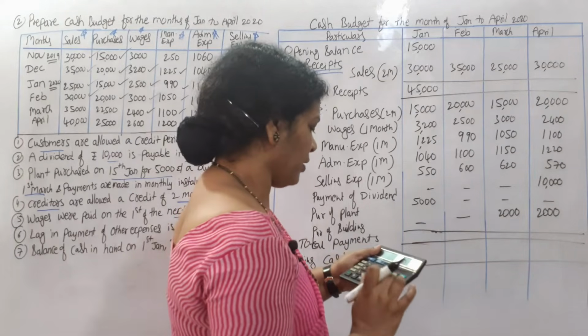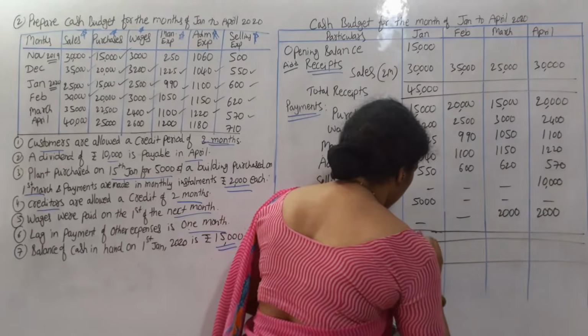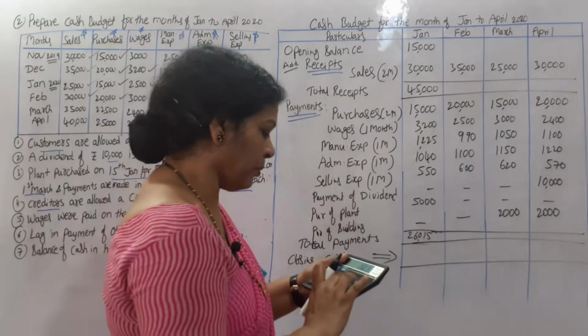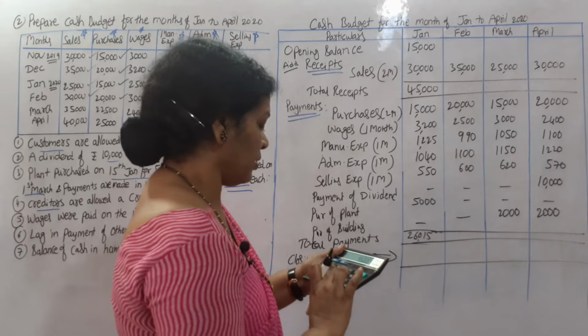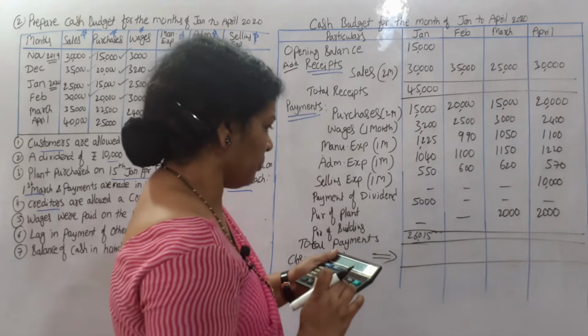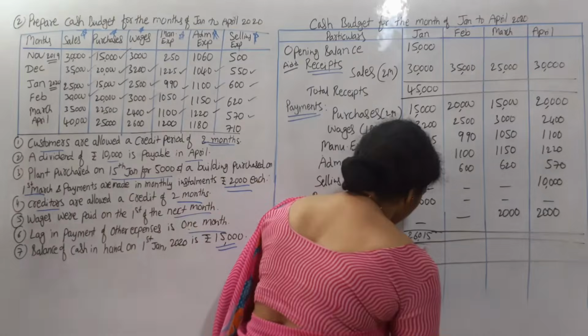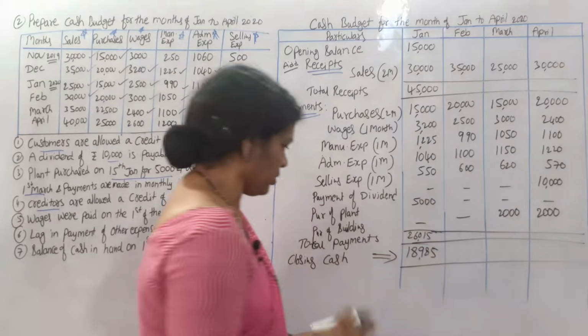It's 26,015 rupees. The difference between 45,000 minus 26,015 rupees comes to 18,985. This is closing cash.